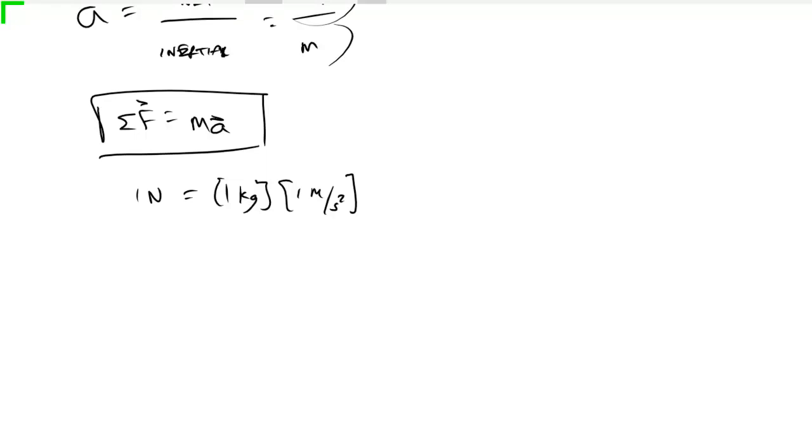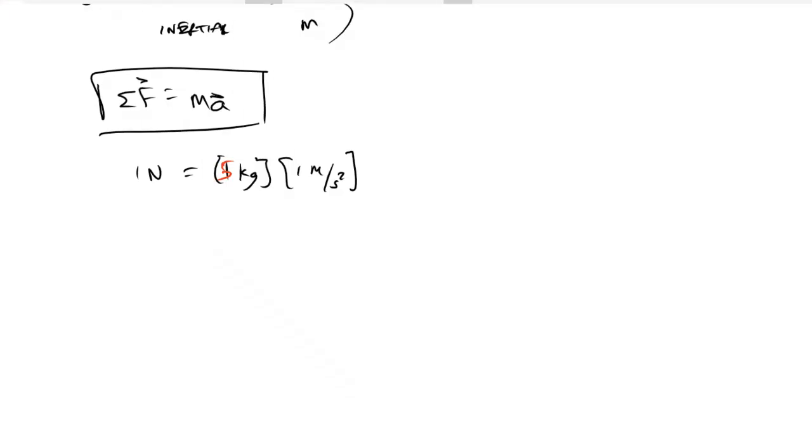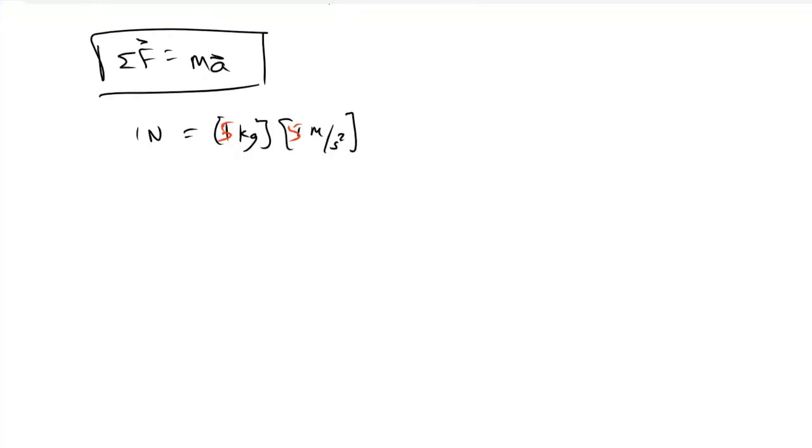If we had 5 kilograms accelerated 1 meter per second squared, we'd have 5 newtons of force. If we had 1 kilogram accelerated 5 meters per second squared, it would still be 5 newtons of force. If we had 5 kilograms accelerated at 5 meters per second squared, we'd have 25 newtons of force. So that's the definition of 1 Newton.